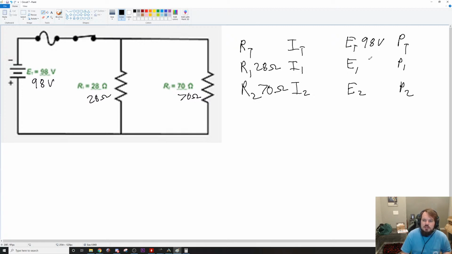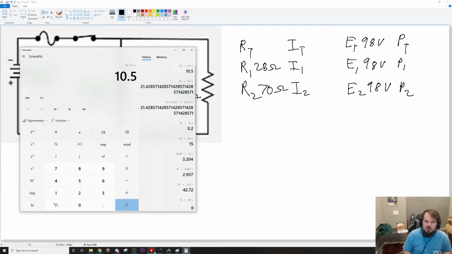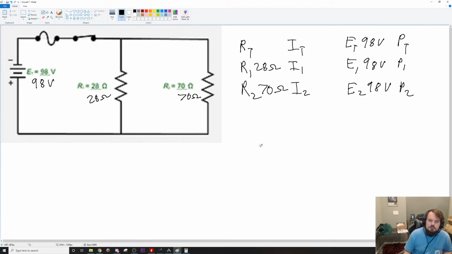Since it's 98 volts and 98 volts, you could do this the long way around of finding your currents and getting current total and then finding everything from there. That's probably the easier of the two ways. I'm going to do the reciprocal method, which will be open parentheses 28 to the -1 plus 70 to the -1 and then another -1.